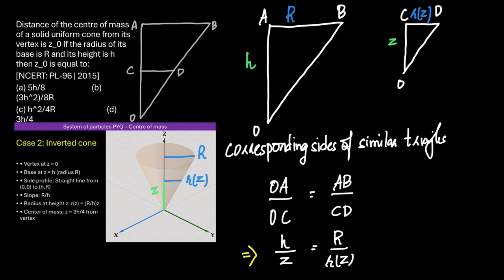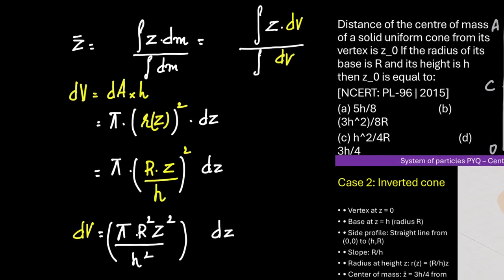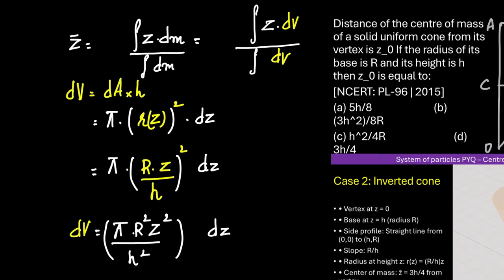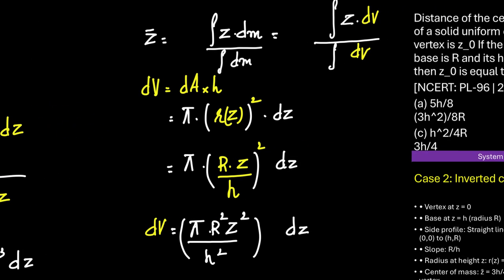OA is H, OC is Z, AB is R, and CD is R of Z, and therefore we can write that R of Z is equal to R into Z by H. So R of Z is capital R into Z by H.